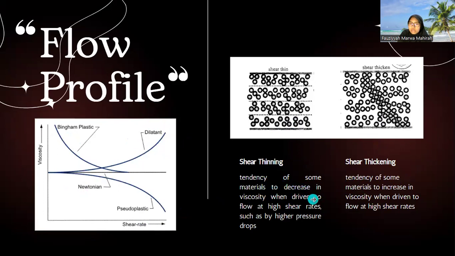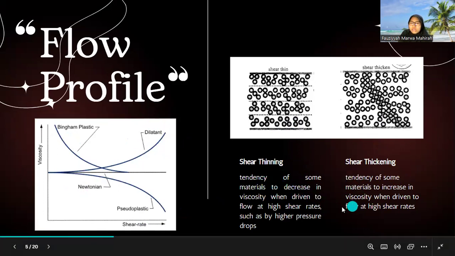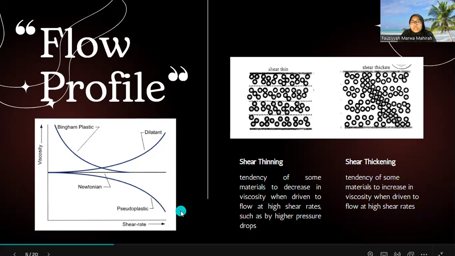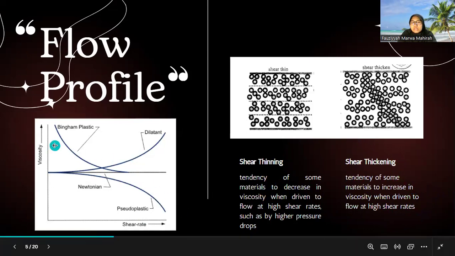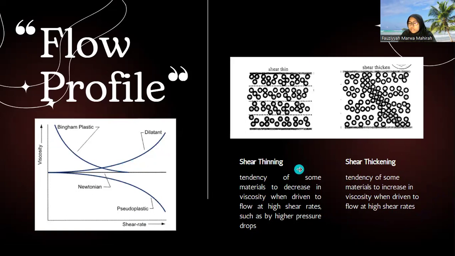Shear thinning is a tendency of some materials to decrease in viscosity when driven to flow at high shear rates, while shear thickening increases in viscosity when driven to flow at high shear rate. So more shear rate and more viscosity is shear thickening, while more shear rate and less viscosity is shear thinning.